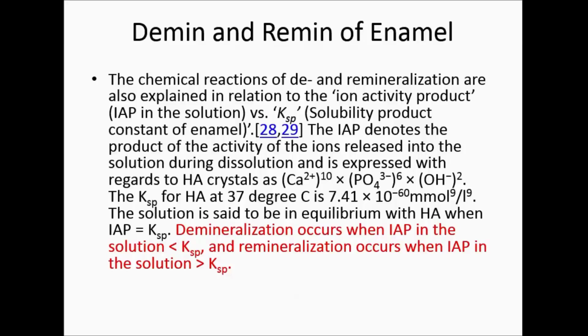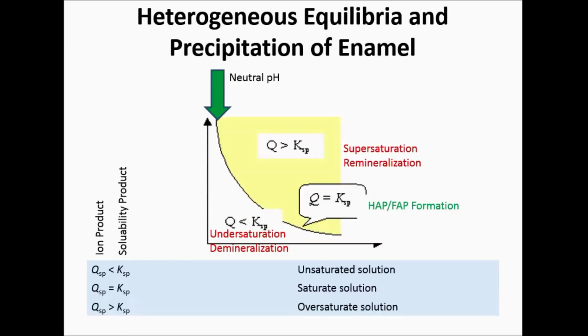Demineralization occurs when the IAP in the solution is less than the KSP, and remineralization occurs when the IAP in the solution is greater than the KSP. This chart explains this process clearly.